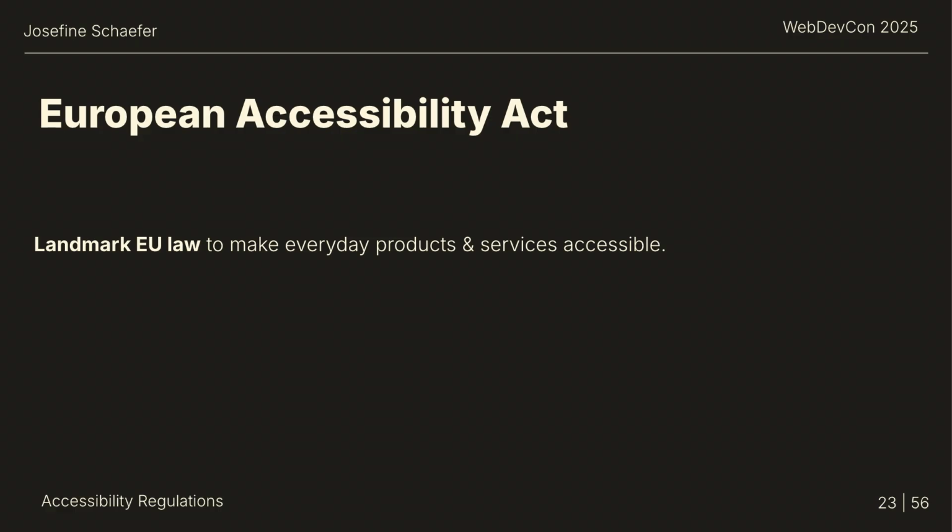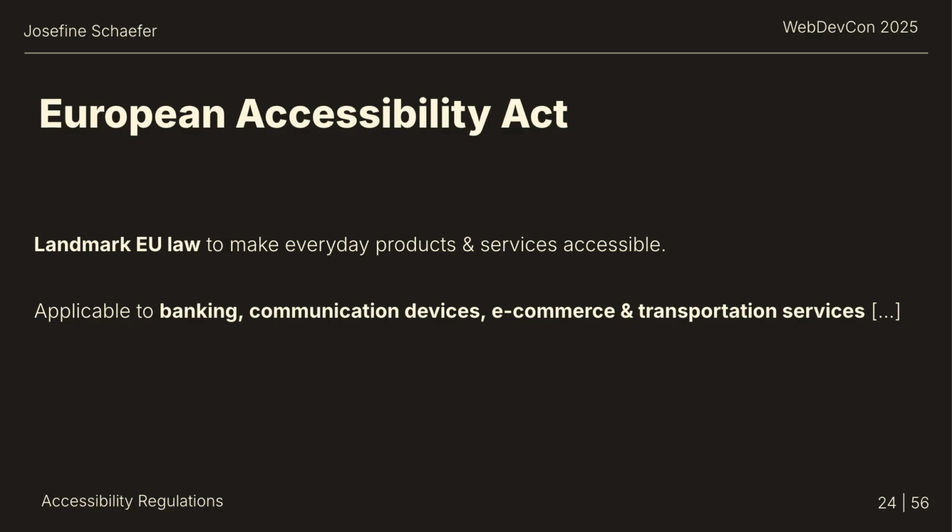So we have the European Accessibility Act. It's a landmark European law that's going to come into place in June this year. And it concerns everyday products and services, for example, things like banking, messaging services, e-commerce, transportation.